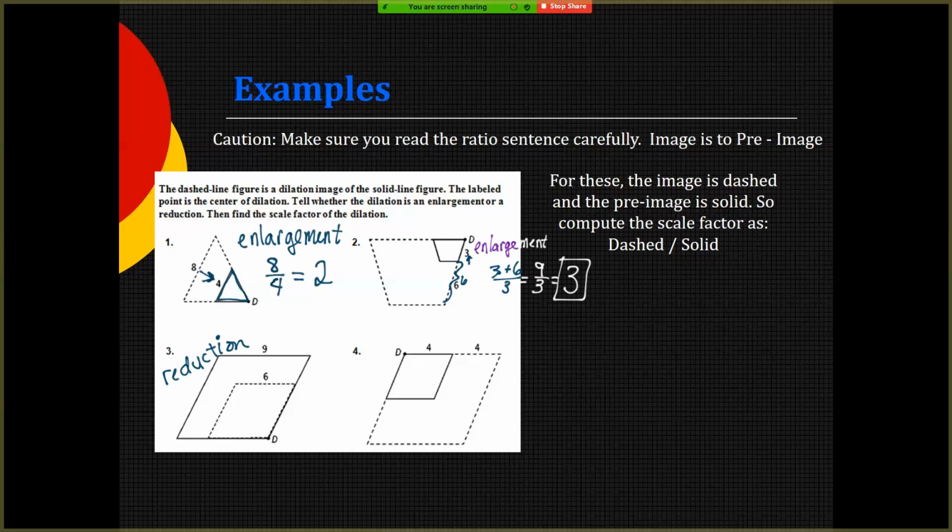And then to figure out the scale factor, I'm taking the dashed line divided by the solid. So I'm taking 6 divided by 9, which reduces to 2/3. So the second figure is 2/3 the size of the original.